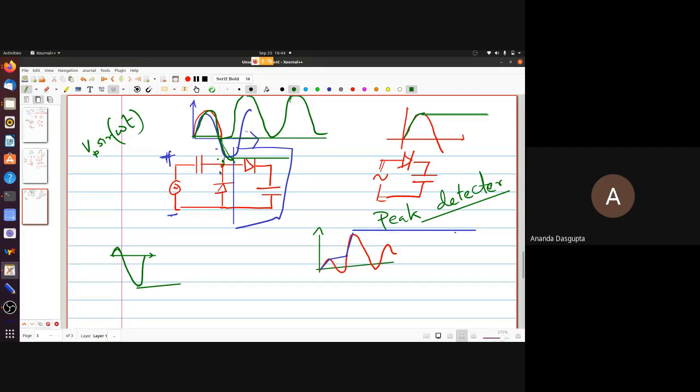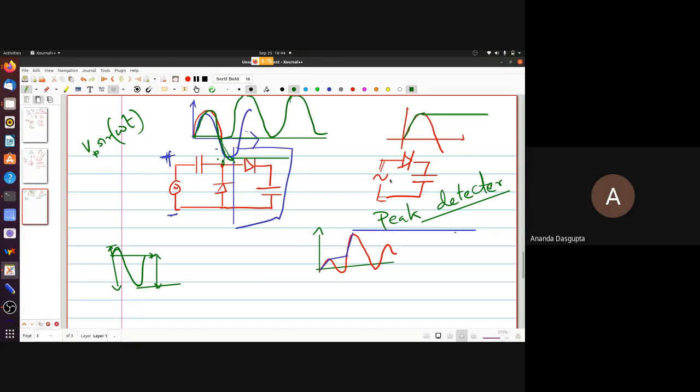Because remember, the voltage here is actually the input voltage minus the capacitor voltage. So when the capacitor voltage goes down to this much negative value, that's the amount by which it pushes up the whole thing. So then the peak value for the resulting thing is going to be actually the peak to peak value for the input signal. Okay. So this is why this circuit is also called a peak to peak detector.